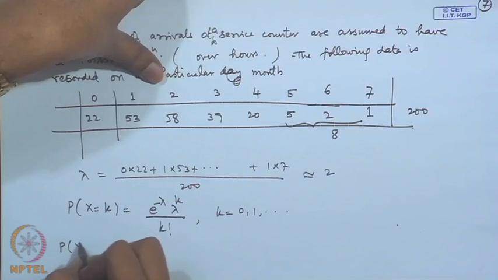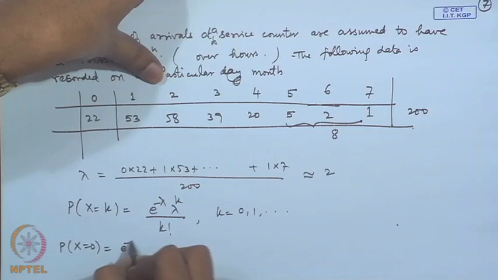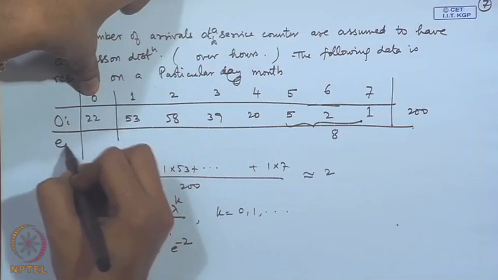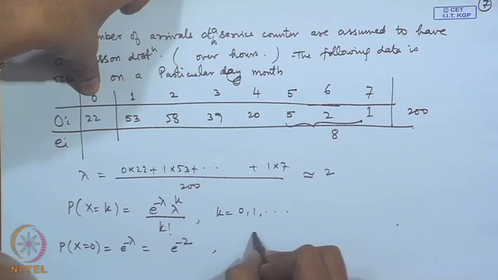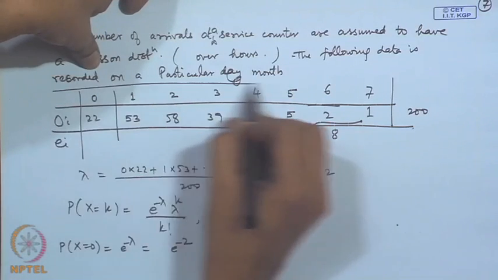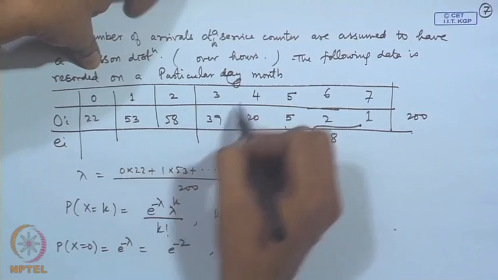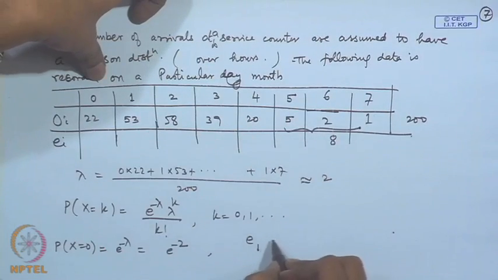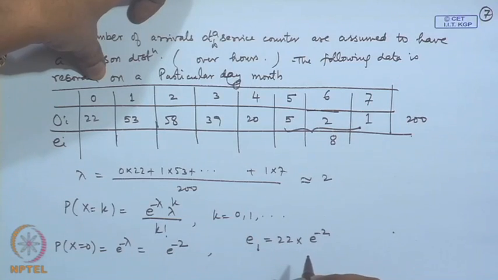So, what is the probability x equal to 0? That is e to the power minus lambda, that is equal to e to the power minus 2. So, this is O i, this is E i. So, E 1 corresponding to the first grouping, that is equal to 200 into e to the power minus 2.